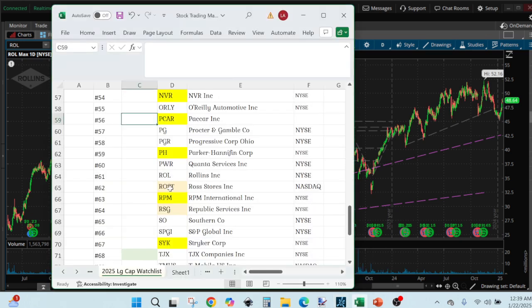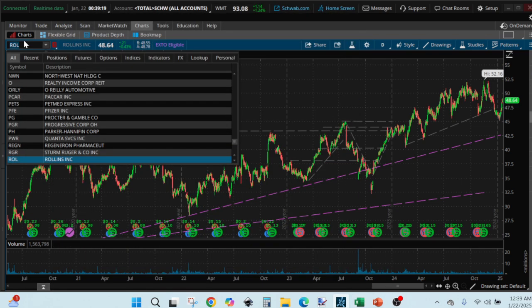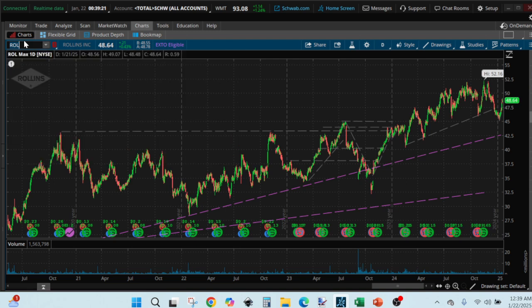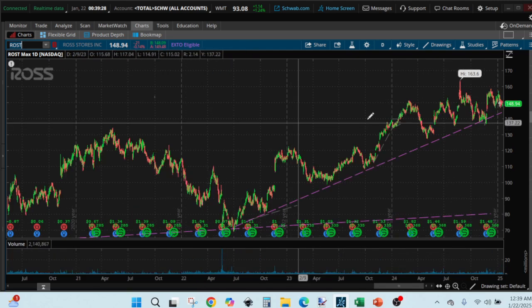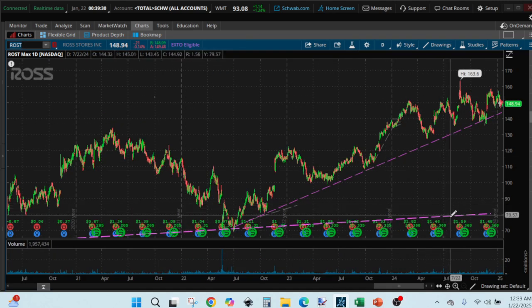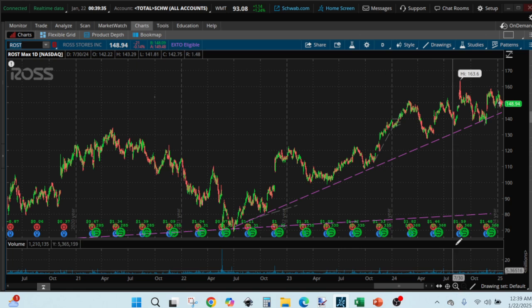The next one is ROST. ROST, we purchased it this year. We like to buy at this one or this one, and let's go to the 1 year daily chart.